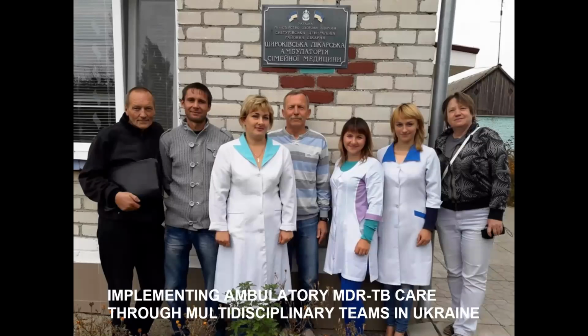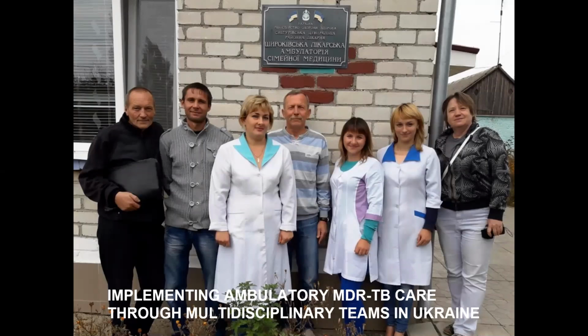So most MDR-TB treatment failures and defaults occur at the ambulatory phase, especially among patients at risk, HIV-infected, homeless, alcohol or drug addicts, ex-prisoners, unemployed, and others. So we prioritized for supportive services those who are at risk to improve their treatment adherence and their chances of cure.